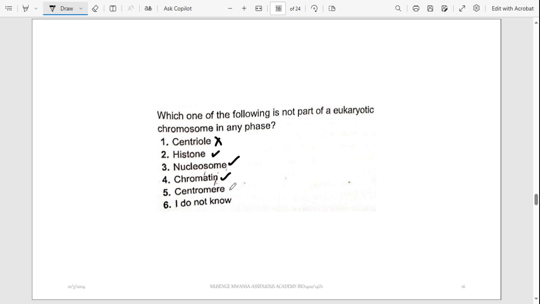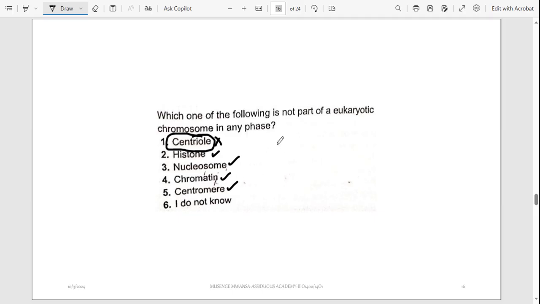The centromere connects the two chromatids, so it's always part. But the centriole will only appear when cell division is happening. Otherwise, you barely see the DNA, the chromosome, properly on a microscope, unless it condenses.